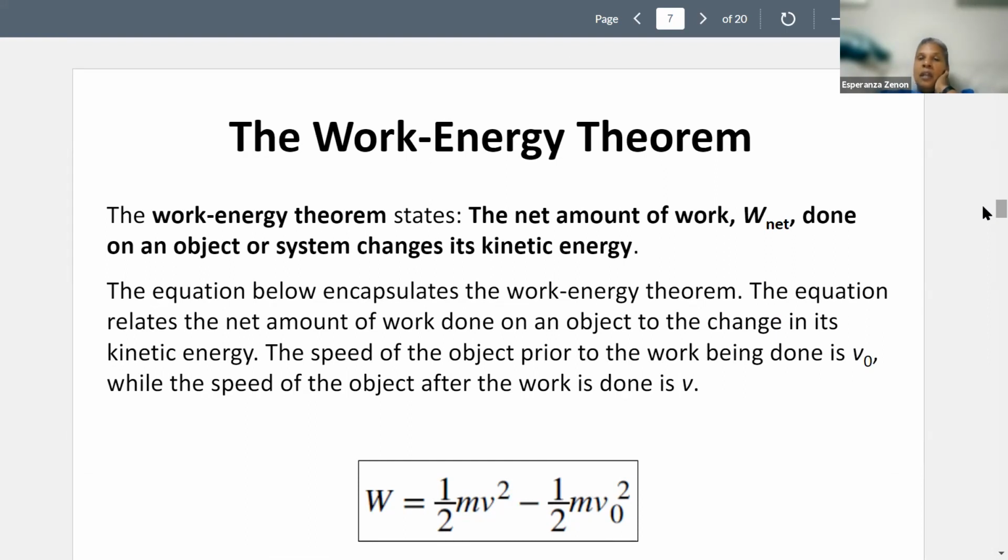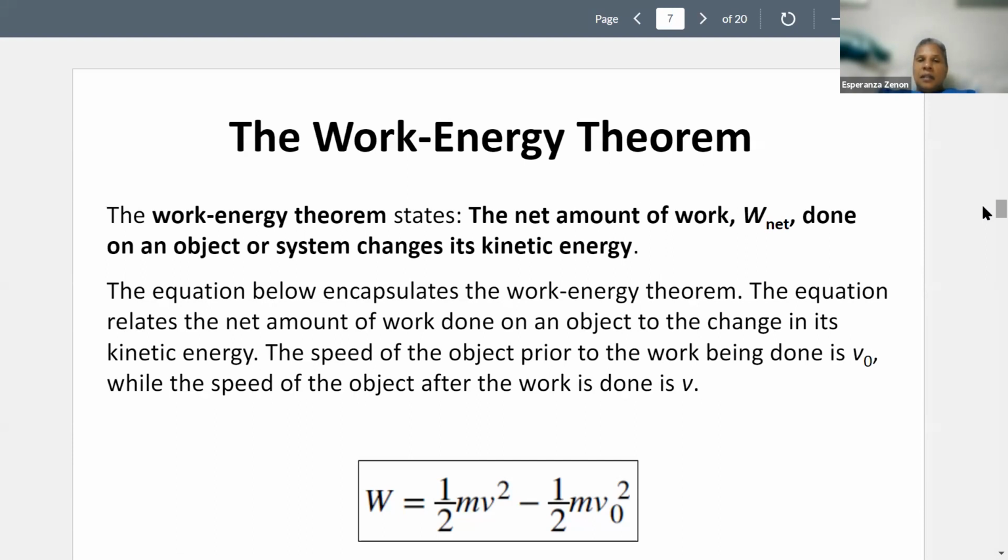Now we're looking at the net work. So the net work done on an object or system changes its kinetic energy. Okay. Now, here's that word again, kinetic energy. So we have to see, how do we determine the amount of kinetic energy?